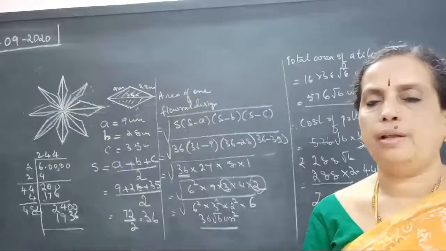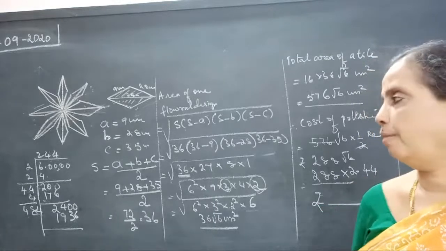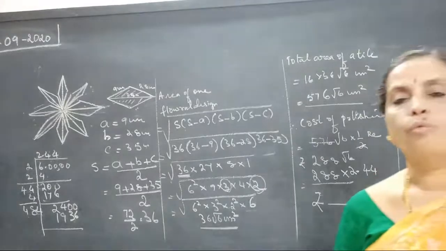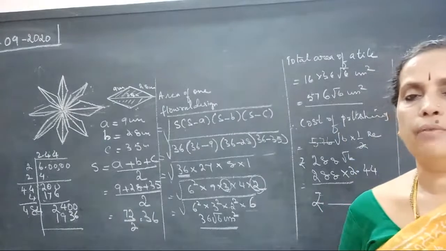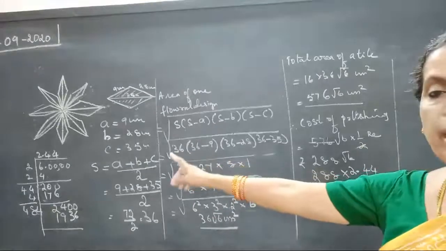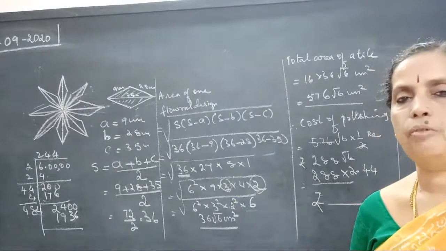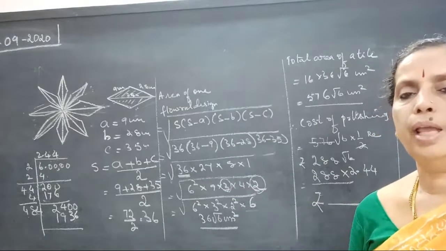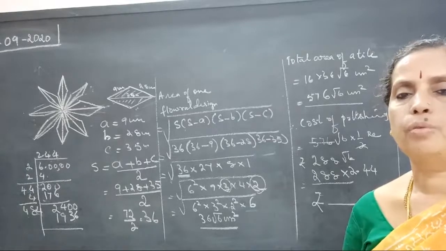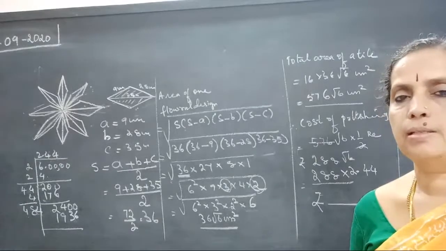Yes, 705.60. Yes, please check it. It is 705 point. They have given final answer here 705.45. It's not 702. Please check it. Consider root 6 value as 2.44. Yes, Nishant, your answer is quite correct. And remaining again, you all tried. It should be 705.45.